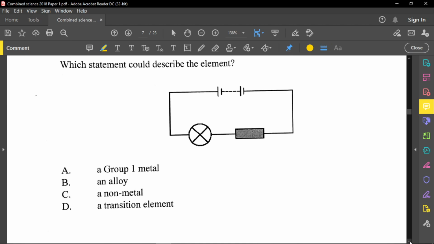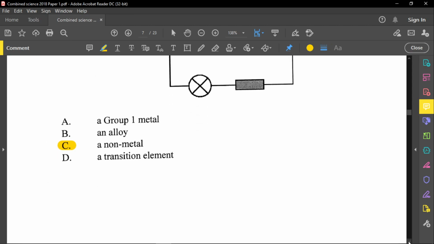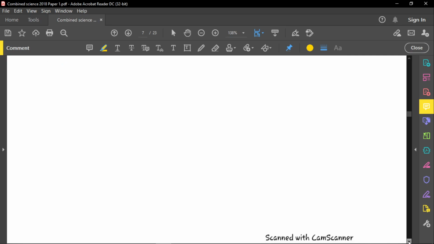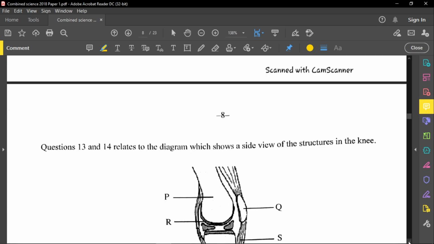Alloys, same thing, they are made up of metals in the first place, so definitely they will transfer electric current, so they are conductors. Non-metals are not good conductors of electricity, so C will be your answer. A transition element, they are metals as well. So definitely C, non-metals. Non-metals are poor conductors of electricity.